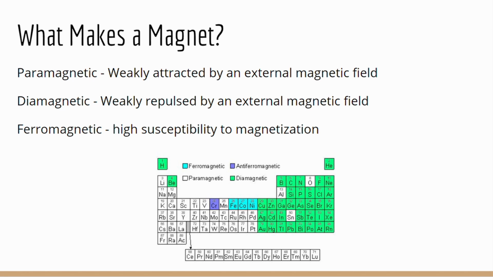We have other things called paramagnets and diamagnets. These are either weakly attracted or repulsed, but for all intents and purposes, in the real world every day, we're not really going to think of these materials as magnets, because what these terms really mean is that on the atomic level, we'll see some sort of interaction with these materials.